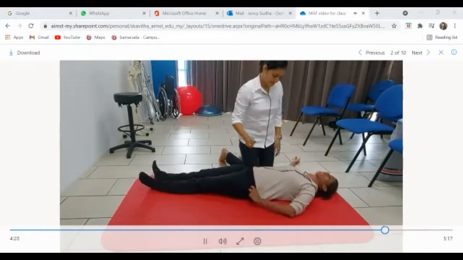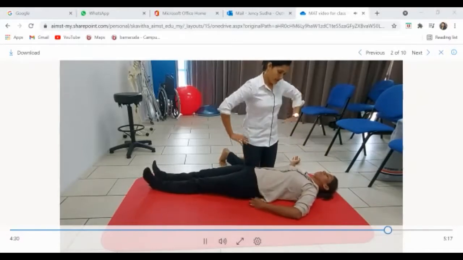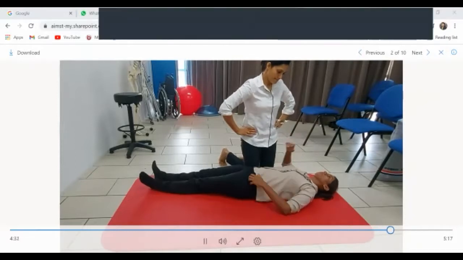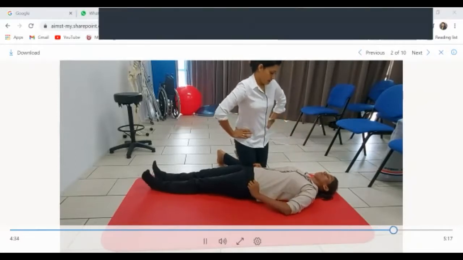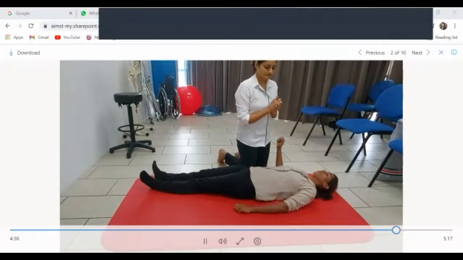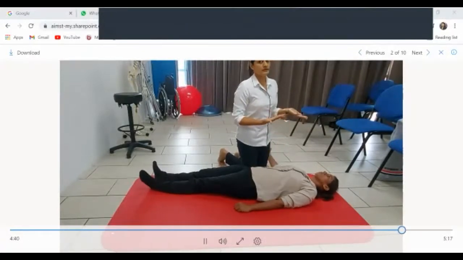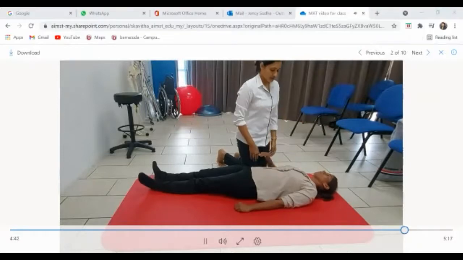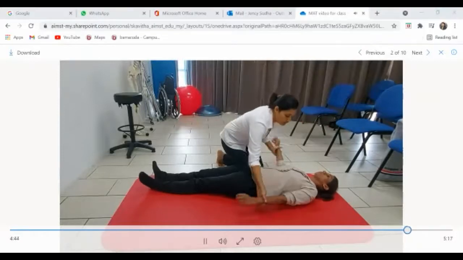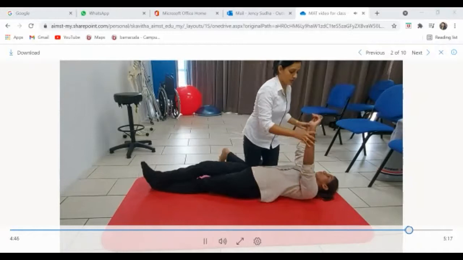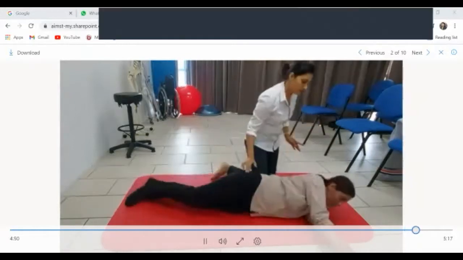So here, what else can I say? Okay, good. Next, we'll go for supine to prone position. So imagine we do rolling. So we do rolling 1, 2, and 3. Okay.